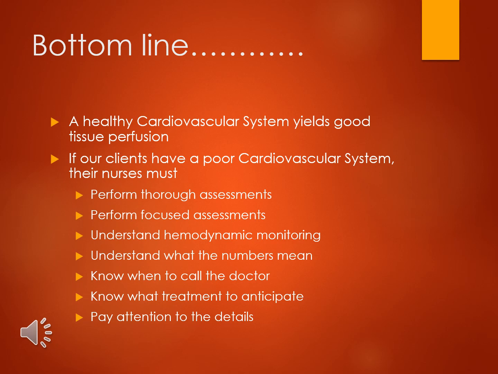Again, this isn't something that's going to come overnight. Cardiovascular nurses have had to be trained in this and have had to study before they ever felt comfortable being able to understand the numbers that they're reading.